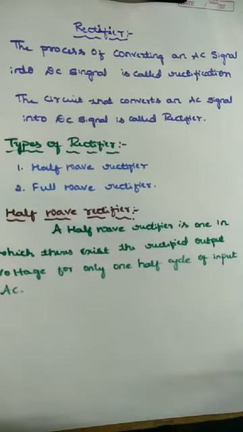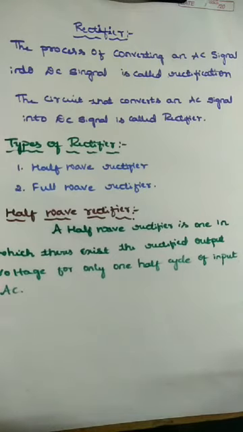This is the definition of the half wave rectifier. It means that in a half wave rectifier the AC current is converted into DC, but only for one half cycle of the input AC.